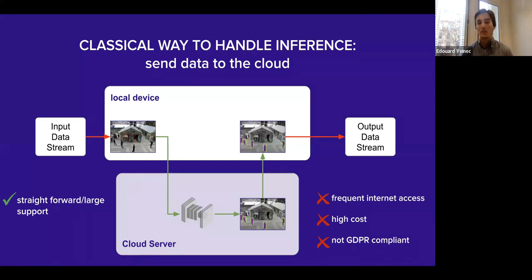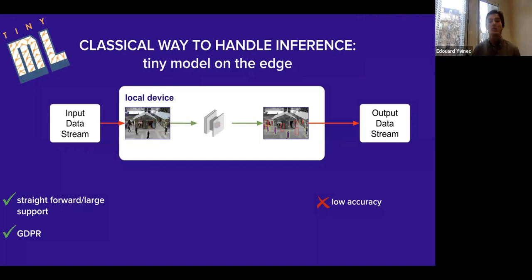You are not GDPR compliant. This requires high cost, frequent access to internet. But again, it's fairly simple to pipeline nowadays. Now, the beginner solution in tinyML would be, I train, as I said, my small network on COCO. I test it straight away, and I will have a low accuracy just simply because my network is so small.